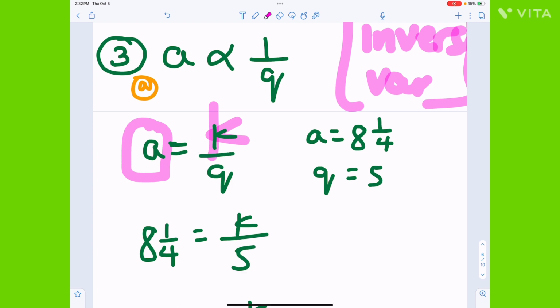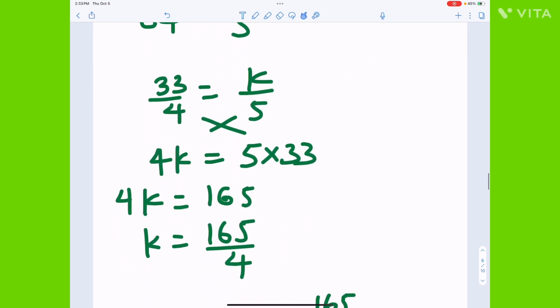Can you see that? So 8 1/4 is 33 over 4. So 33 over 4 is K over 5. If you cross multiply, 4K will be equal to what? 5 times 33. So K will be 5 times 33 over 4, and that's 165 over 4. So K is 165 over 4.